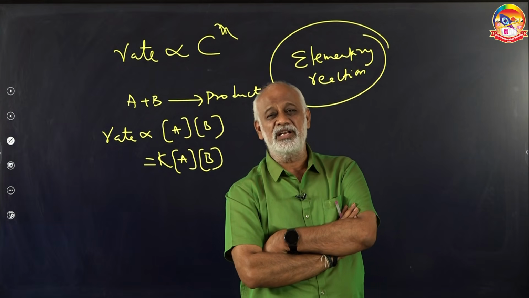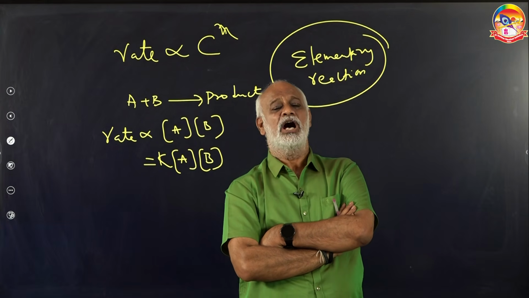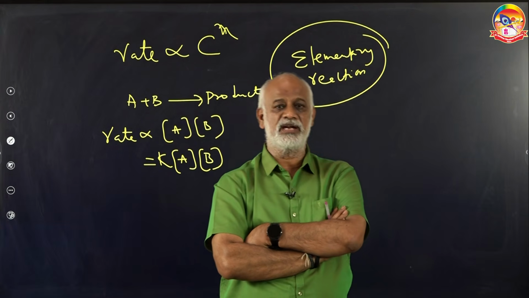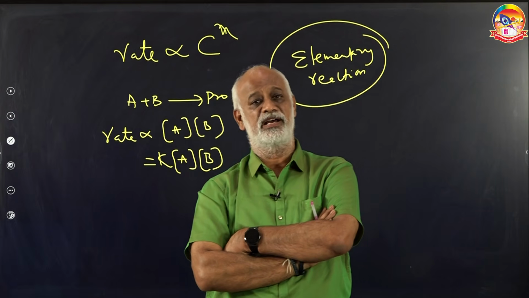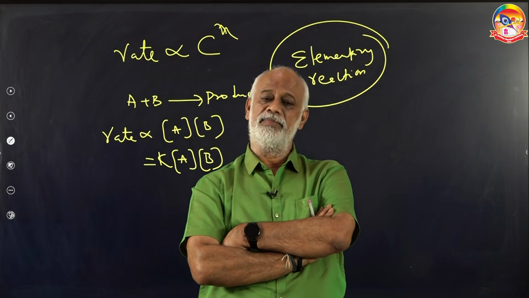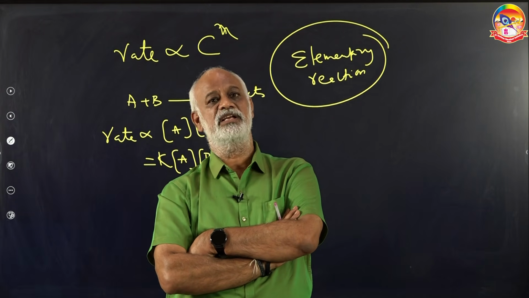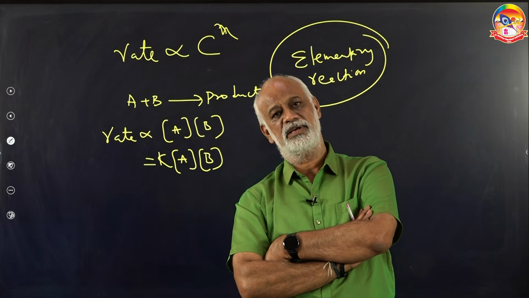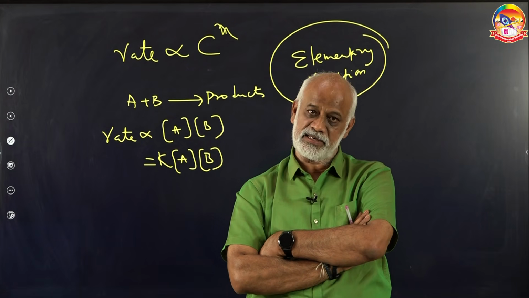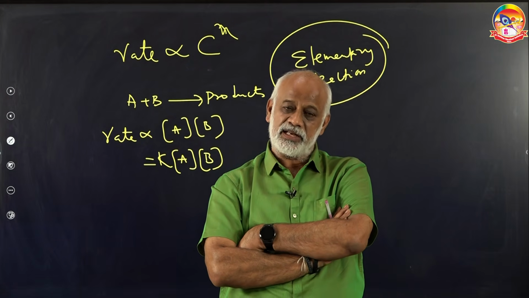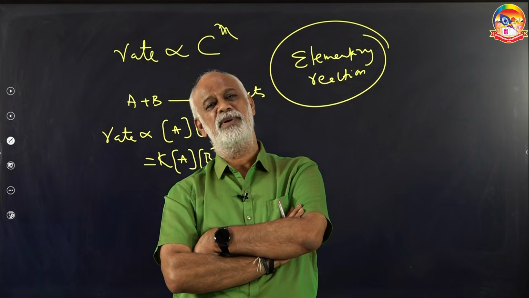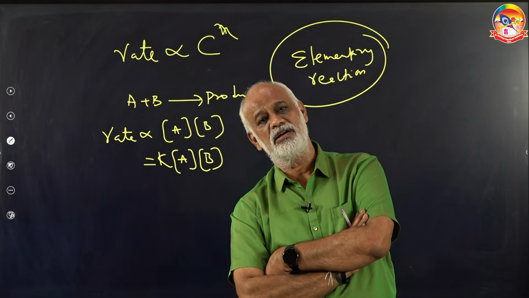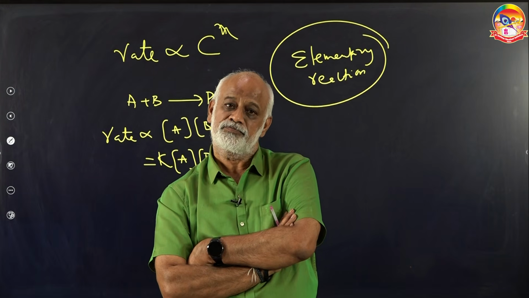In that rate limiting step or rate determining step, how many molecules are participating is called order. So now tell me, the sequence of various steps occurring during a chemical reaction is called mechanism. The number of molecules or atoms participating in each step is called molecularity.